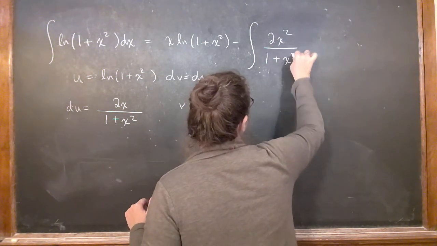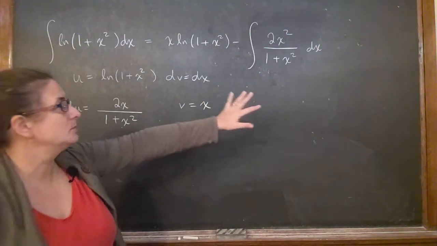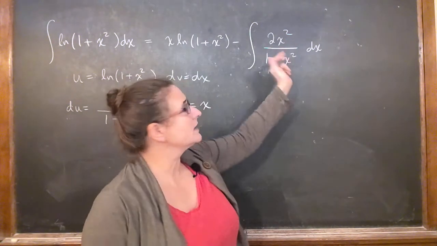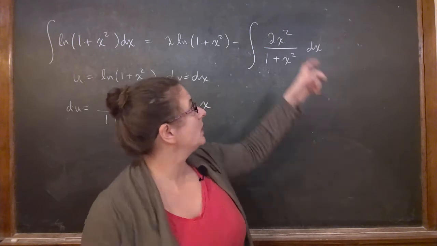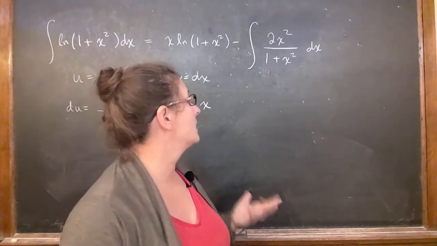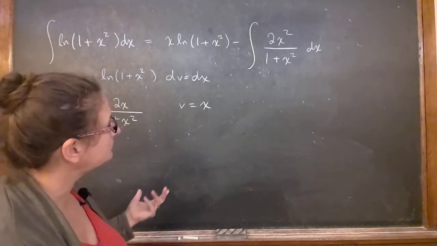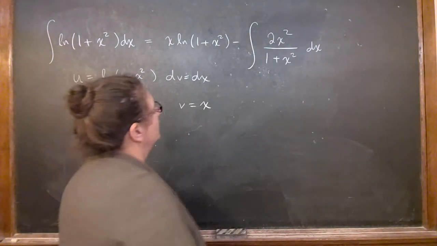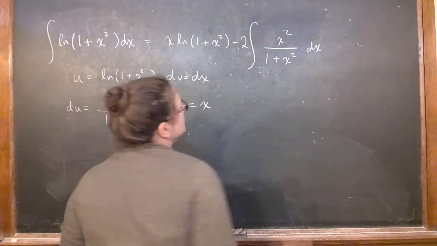Okay, so this isn't super great either. I mean, it's not awful, but it's not super great because I've got x squared. Again, I do have a rational function, but I've got the same power on top and bottom, so I have to do my little thing where I can divide. Let me put this 2 out here for a moment.